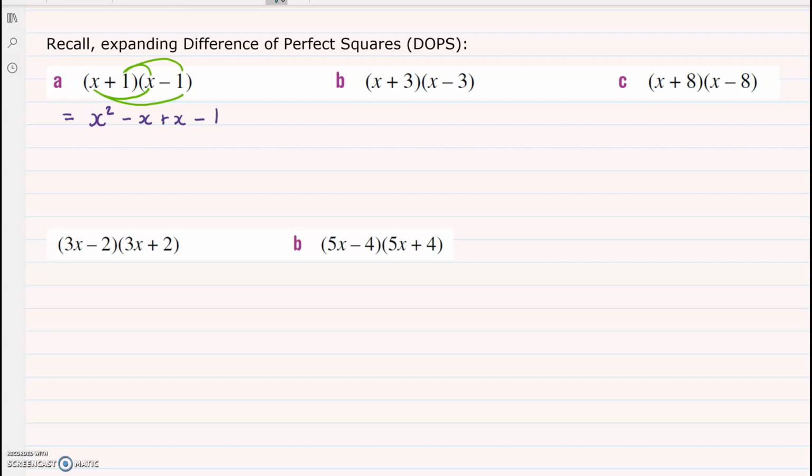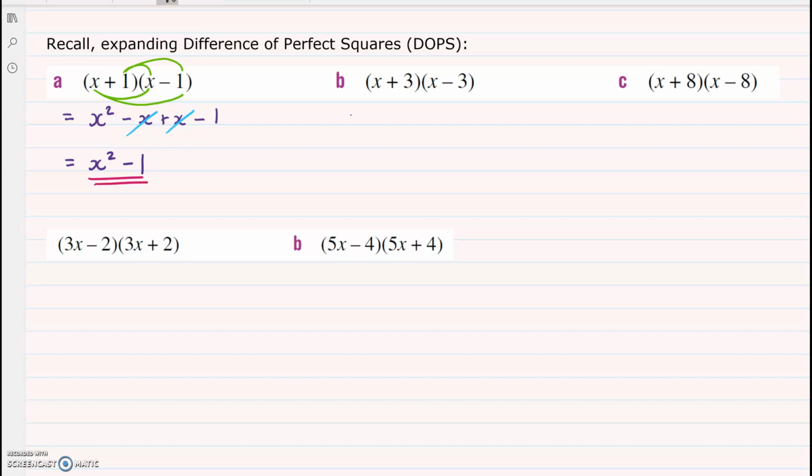Now the one key thing that happens here is those two middle terms will cancel out in all these ones that are on the screen right now, because the brackets are identical except one has a plus, one has a minus. Doesn't matter which order the plus and minus are, as long as they're identical except for a positive and a negative. So all I'm left with is x squared minus 1, and that's the answer to that first one.